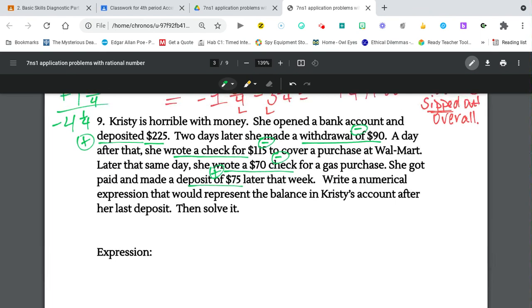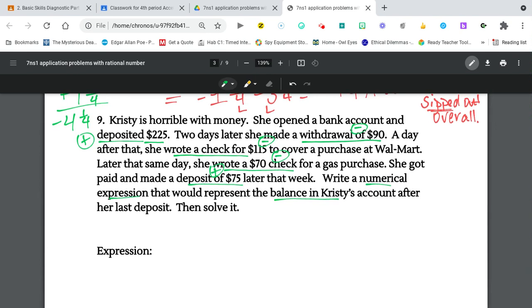So we're going to write an expression that could represent her balance in her account after her last deposit of $75. Then I'm going to solve it. So where did she start? She started with a deposit of $225. A deposit is a good thing. Plus she made a withdrawal 2 days later, so that's plus negative 90.